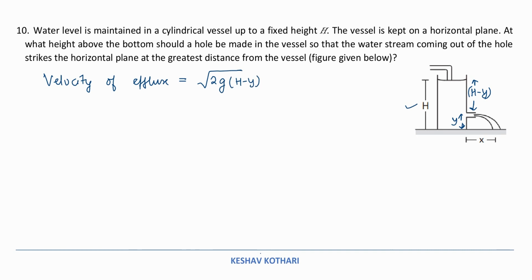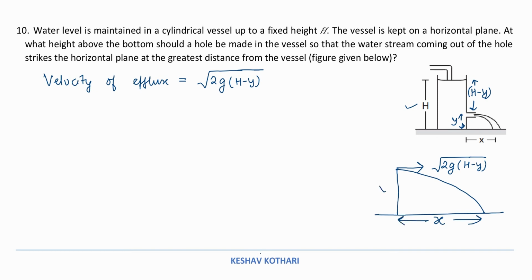So over here I can break this problem in this particular way, that the velocity of discharge over here is root 2g (h minus y), and then from this particular point it will follow a projectile path and land somewhere over here at a distance x, where this particular height is equal to y.